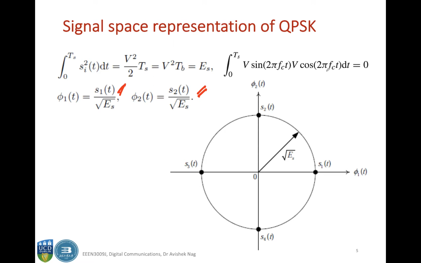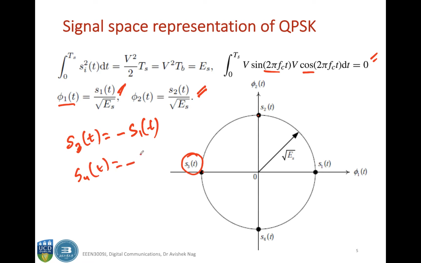But in general, since these cosine and sine are orthogonal, you can define phi 1 across S1 and phi 2 across S2, and then your S3 is here, which is basically minus of S1, and your S4 is basically minus of S2.